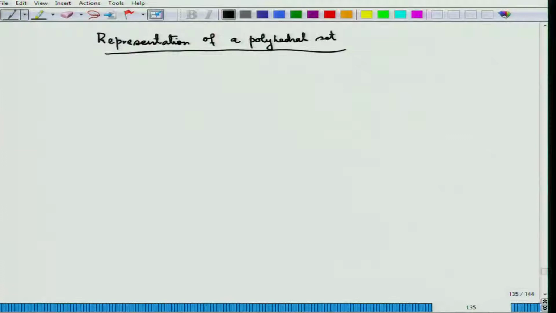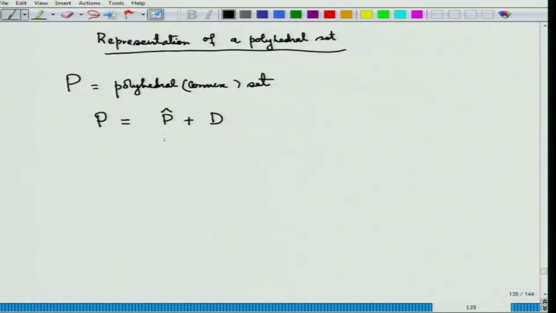So, say P is a polyhedral set, obviously it is convex, which I am not writing, then P can be written as P hat plus D, where P hat is a polytope, which is another name for a bounded polyhedron, and D is a finitely generated cone.